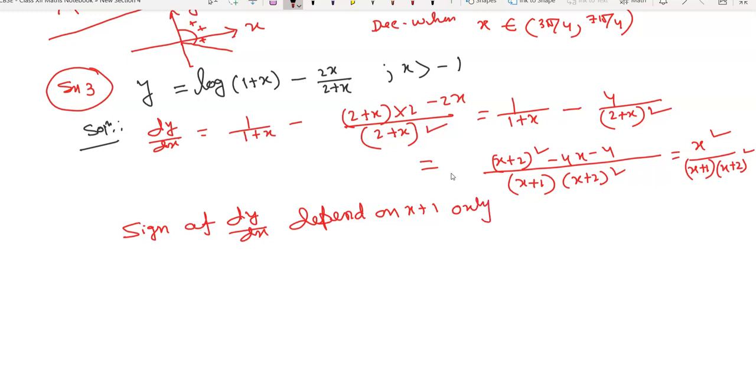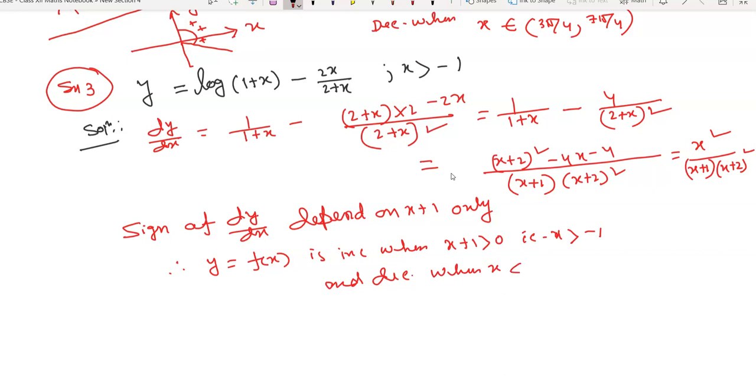All of you will agree with me because the other terms are perfect squares. So y equal to f of x is increasing when x plus 1 is greater than 0, that is x greater than minus 1, and it is decreasing when x is less than minus 1.